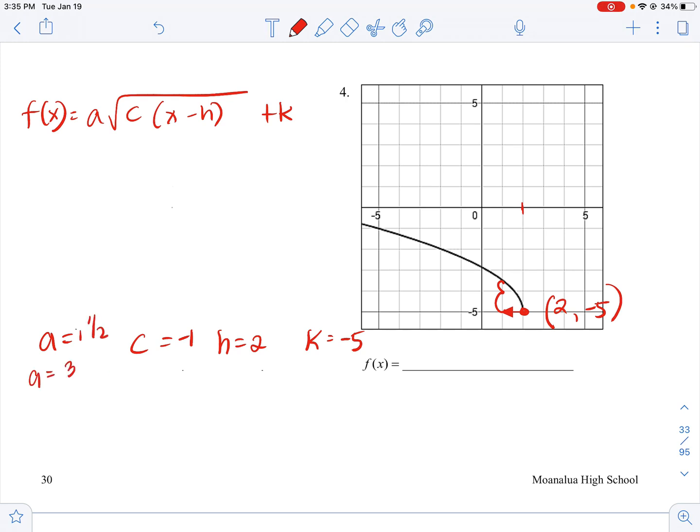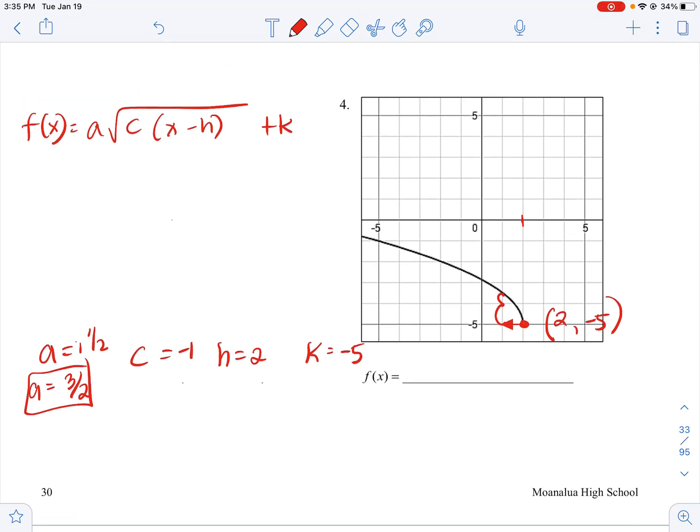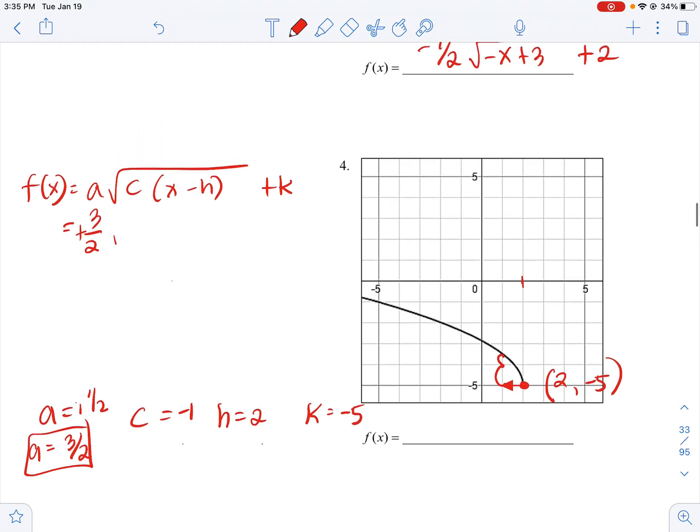Or can I just say 3/2 or 1.5? Right? It's the same thing. So my a is 3/2, positive because I went up. I didn't go down. And then my c is going to be negative 1, x minus 2, plus 2, minus 5.